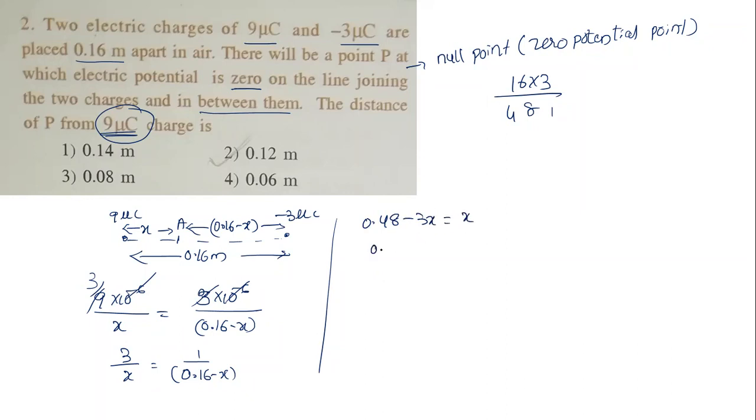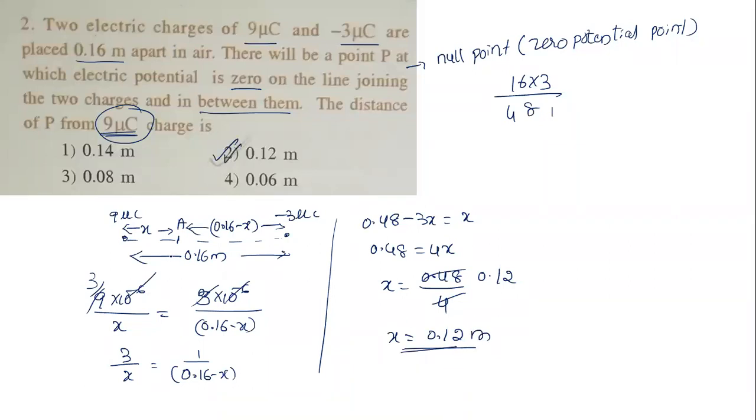If we send that across, it will become 0.48 is equal to 4x. Then x equals 0.48 by 4, which is 0.12. So x is 0.12 meter.